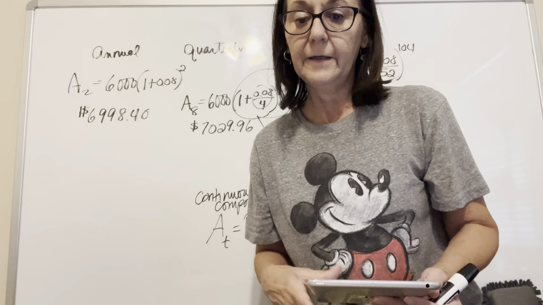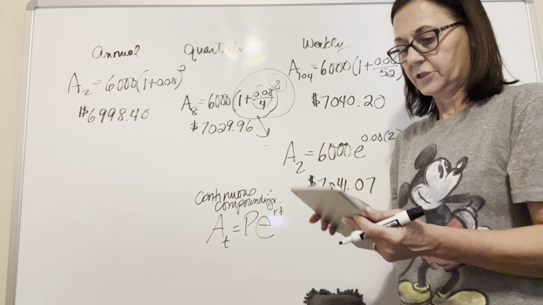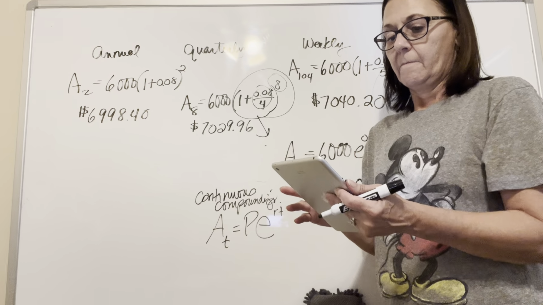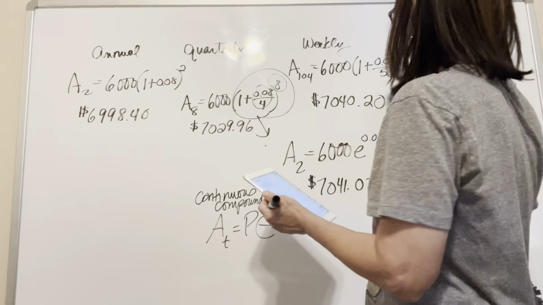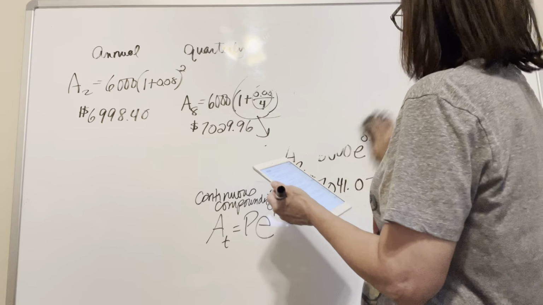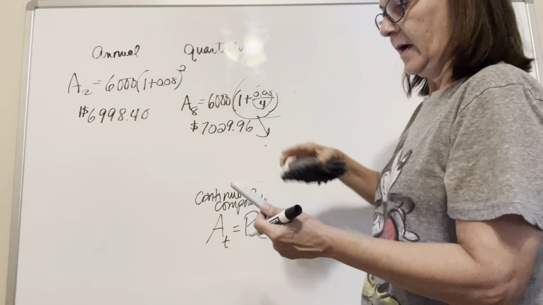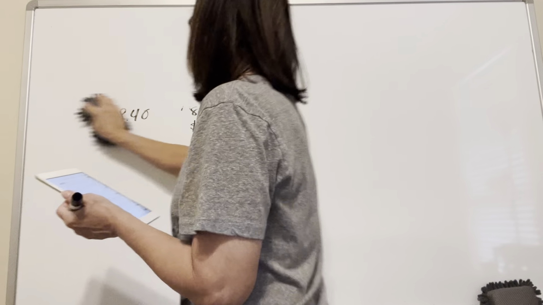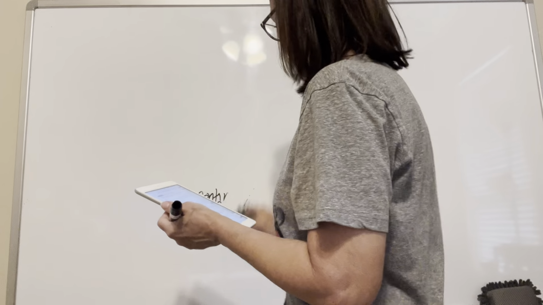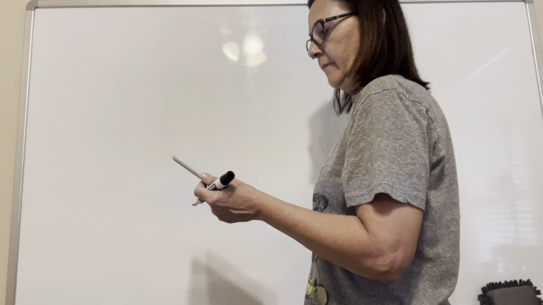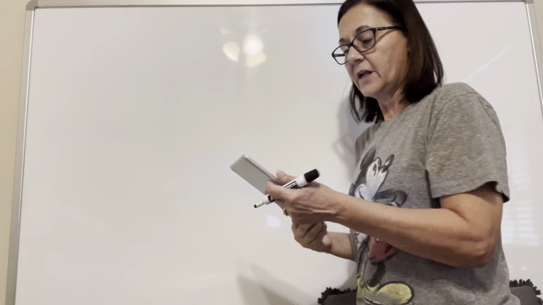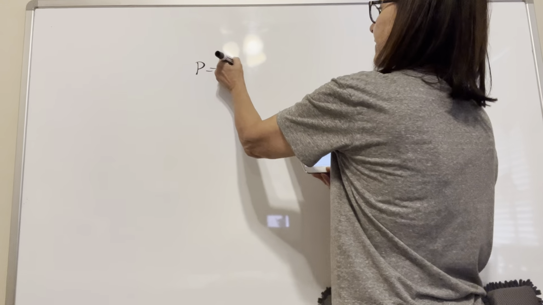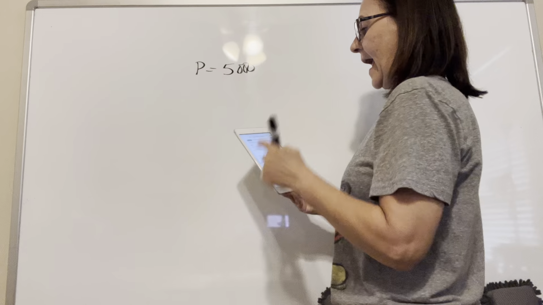All right, so let's just walk through some of these examples. Look at example 3. I am on page 347. It says if $5,000 is invested, that's my principal. So P is going to be $5,000 at an annual rate.